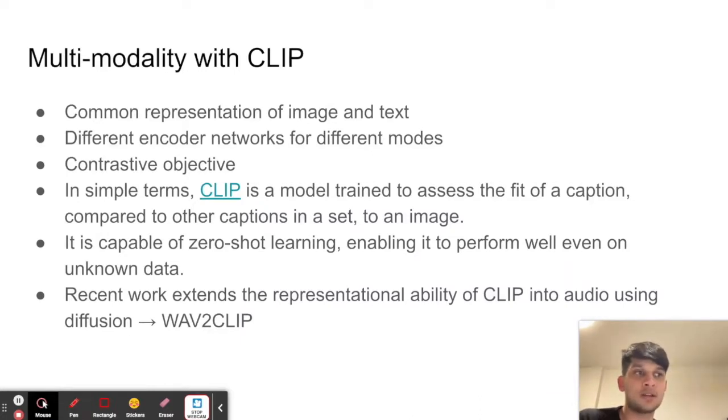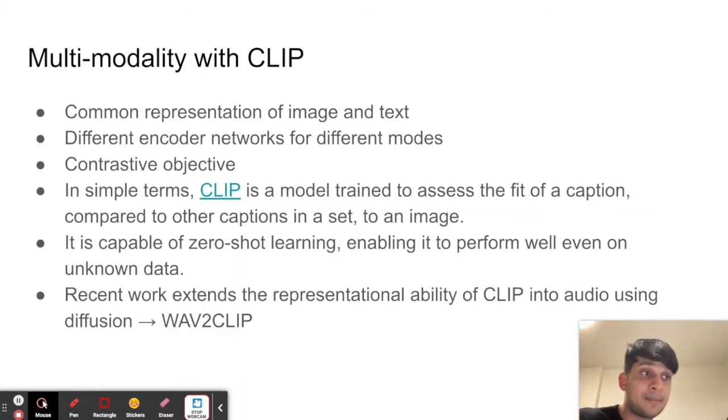For a pair of positive multimodal samples, that means if the text and the audio are talking about the same matter, then the contrastive learning framework attempts to minimize the distance between the different modalities while pushing away the unrelated samples. In simple terms, CLIP is a model trained to assess the fit of a caption compared to the other captions in a set to an image. It is capable of zero-shot learning, enabling it to perform well even on unknown data.